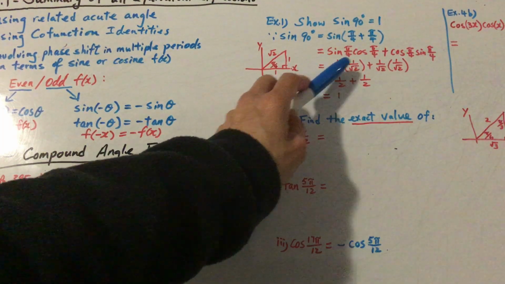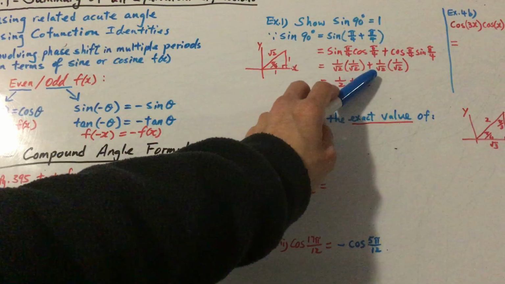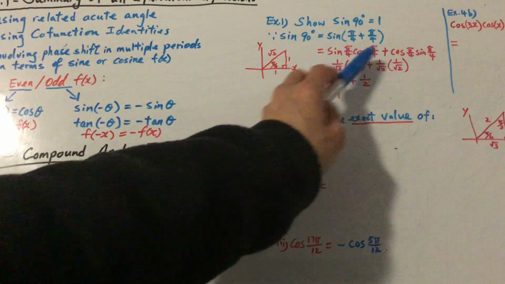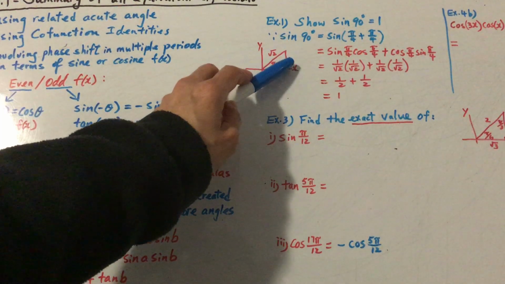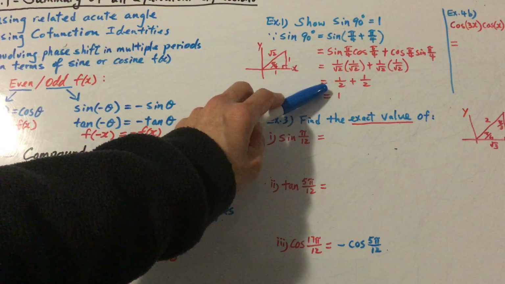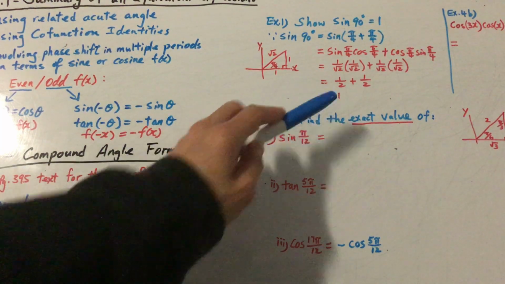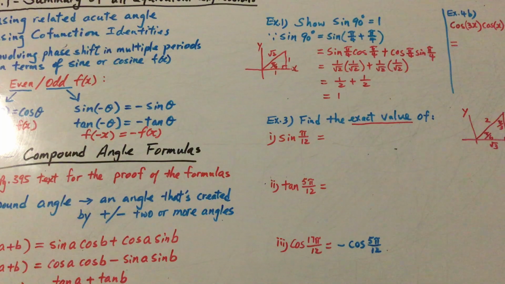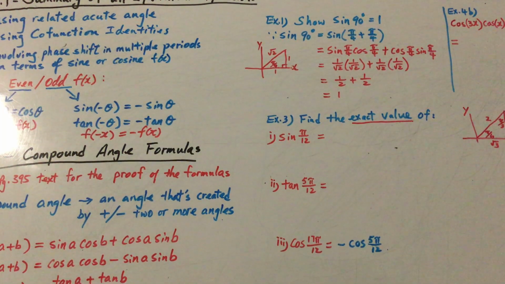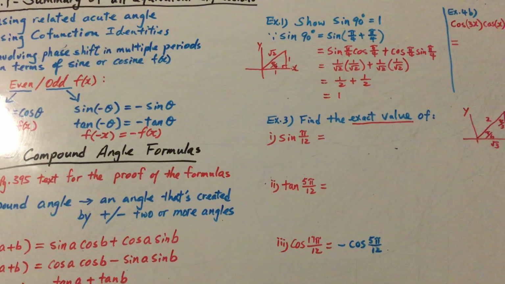So 1 over root 2 times 1 over root 2, plus another 1 over root 2 times another 1 over root 2. Because for both sine and cosine of 45 you get the same ratio, 1 over root 2. Adding the two halves together, you get 1. So this is how I prove where sine 90 comes from using the compound angle formula.